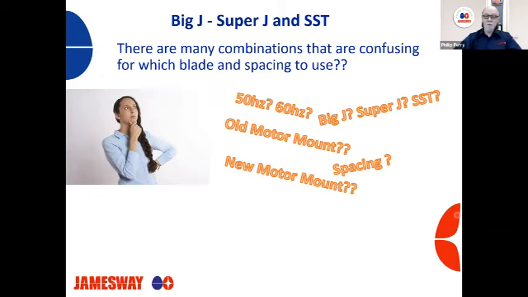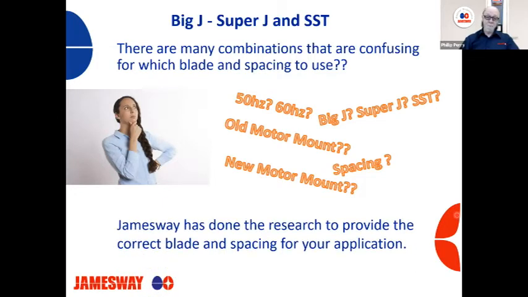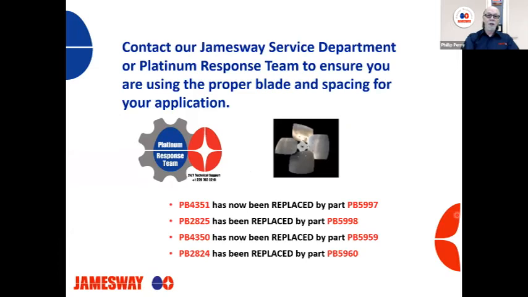A lot of times we're finding that there are mixed blades within a cabinet, and that can really create some side-to-side variance and poor hatching results when these aren't spaced correctly and the correct fan is in there. But I want you to be confident that Jamesway has done the research and can provide the correct blade and spacing for your application. Again, just contact the service department.